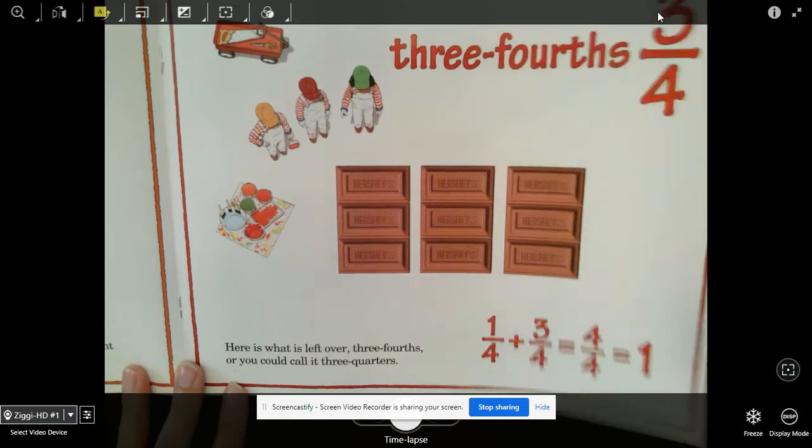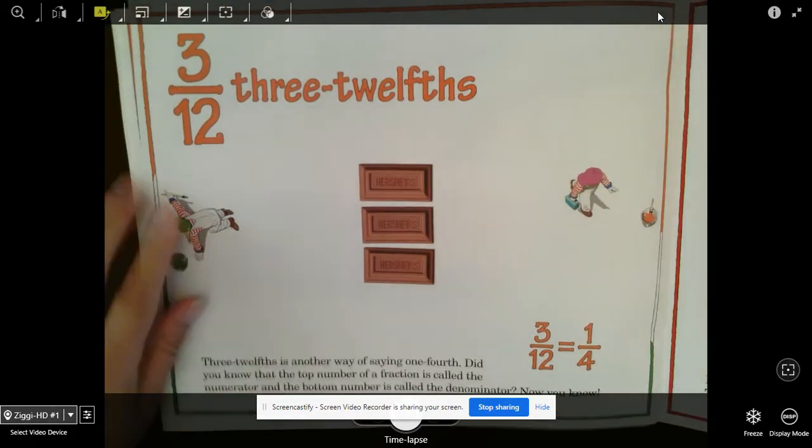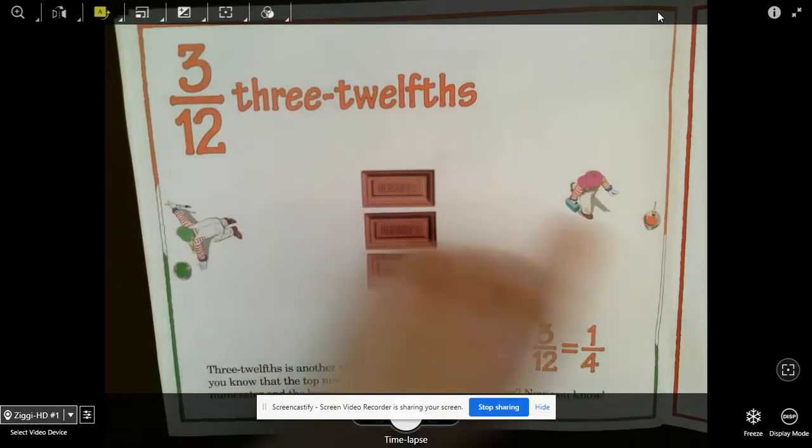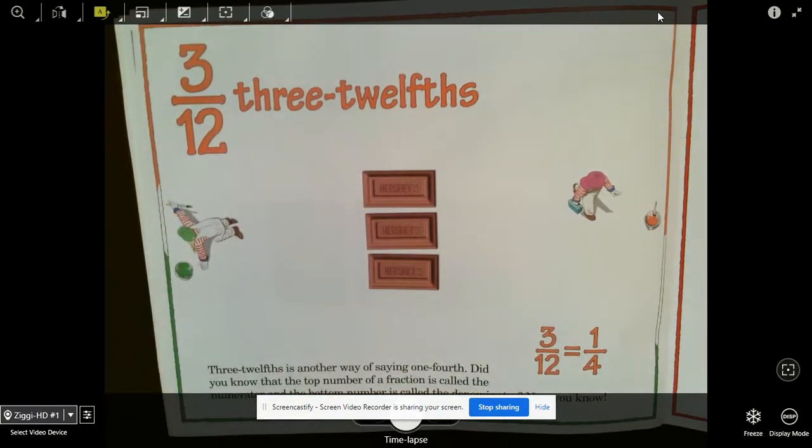We still have not eaten it yet. 3/12. So if I divide the chocolate bar, I know there's 12 sections, and this is 3 of the 12 sections. 3/12 is another way of saying 1/4.